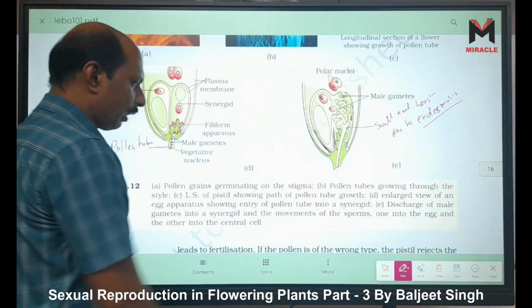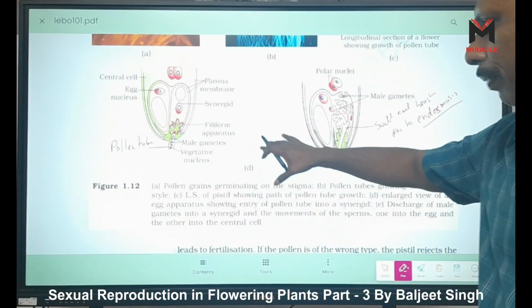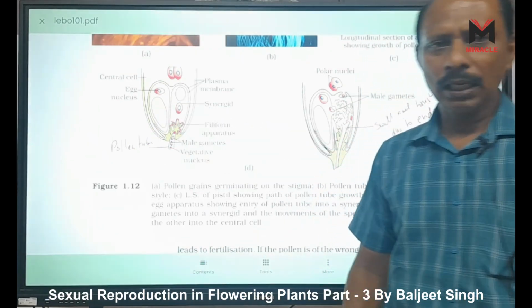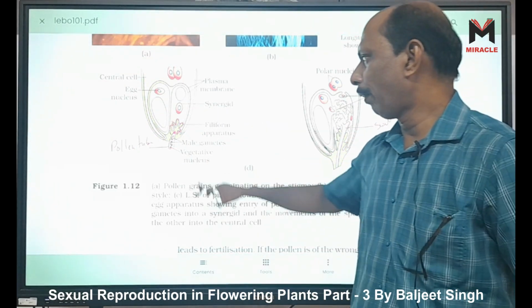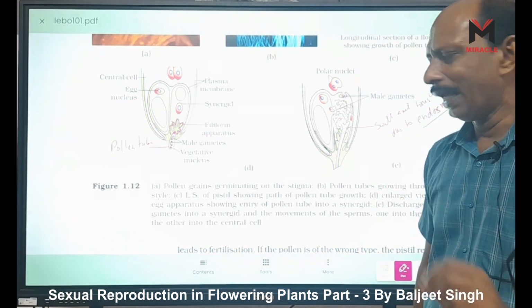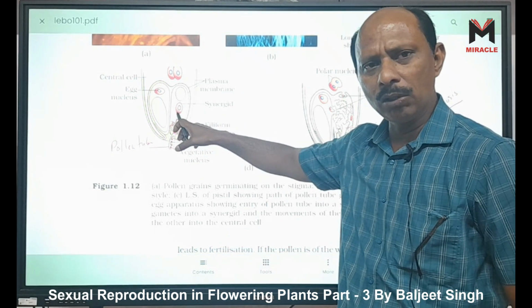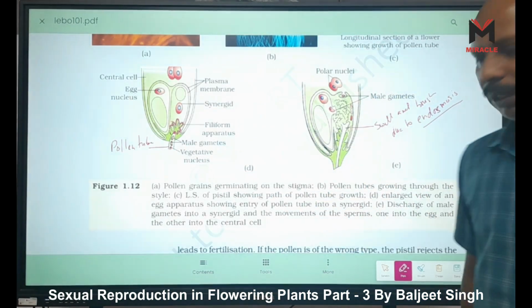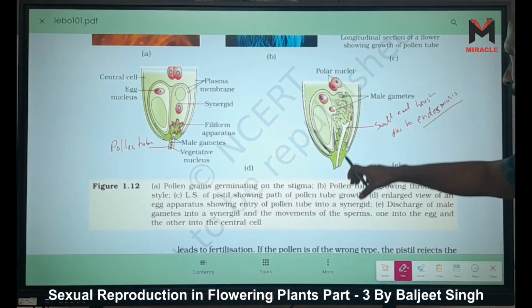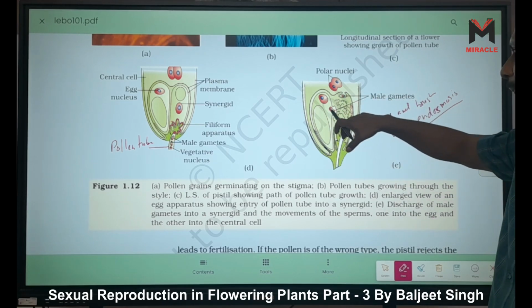Male gametes and the vegetative nucleus. When the vegetative nucleus is released inside the synergid, it starts degenerating. So when we see two dark spots, these are called X bodies, the degenerated synergid nucleus and also the vegetative nucleus, right? Another male gamete is there, right?